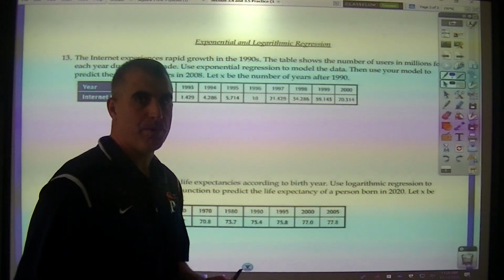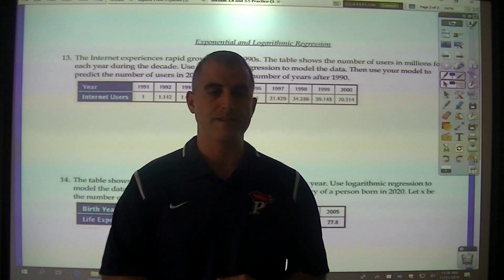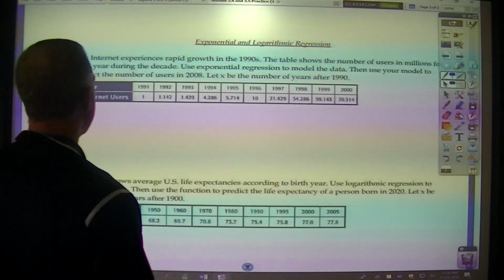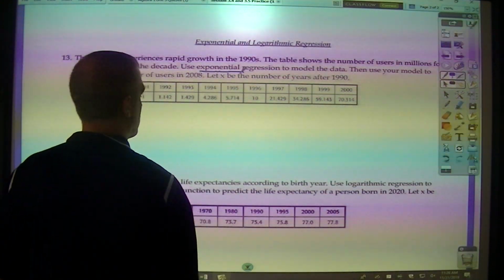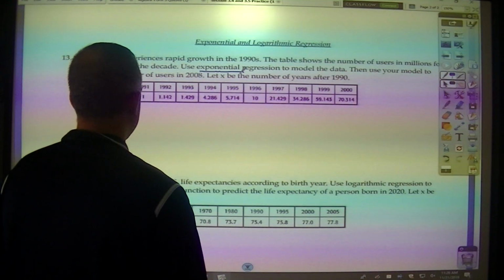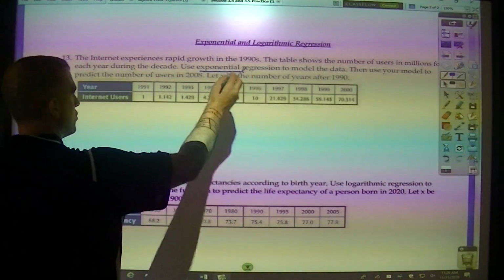Okay, this is going to be the last part, the applications part of the logs and exponentials. Here there's an exponential regression. The thing you've got to caution yourself with is the years, so you should write it out.